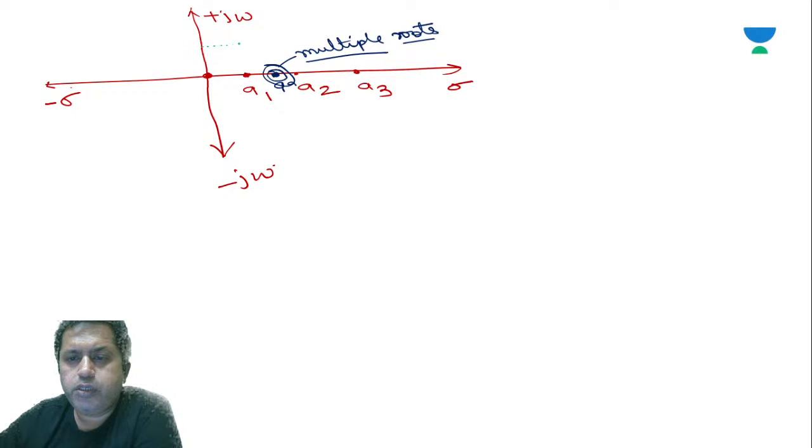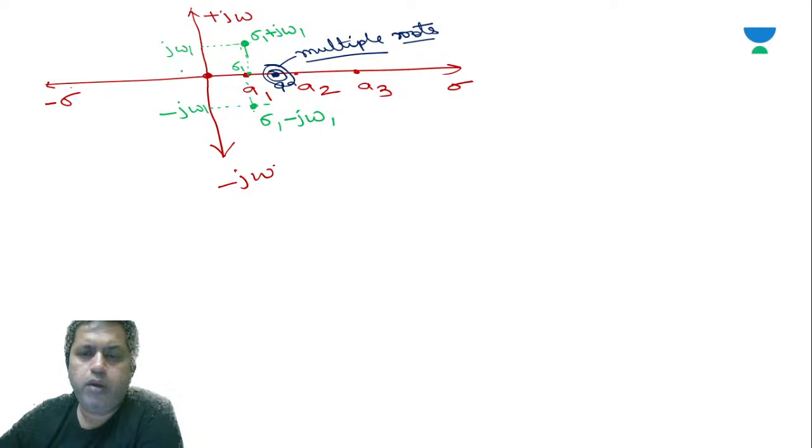Suppose this is j omega 1, this is minus j omega 1, and this is sigma 1. The real part is sigma 1. So there are two roots: first, sigma 1 plus j omega 1, and second, sigma 1 minus j omega 1.